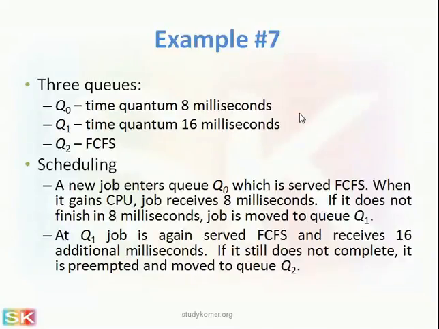So here is an example. Suppose there are three queues, Q0, Q1, Q2. In Q0 a process will be executed for 8 milliseconds. In Q1 a process will be executed for 16 milliseconds. In Q2 processes will be executed in FCFS manner.